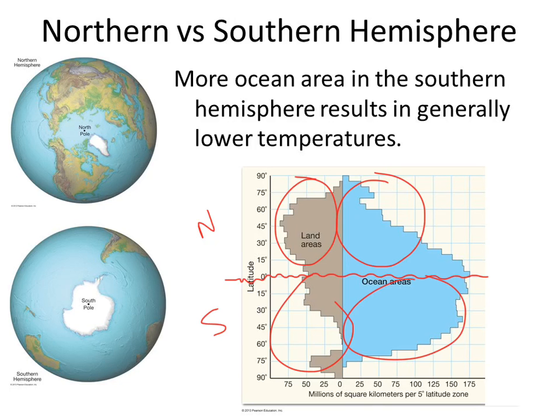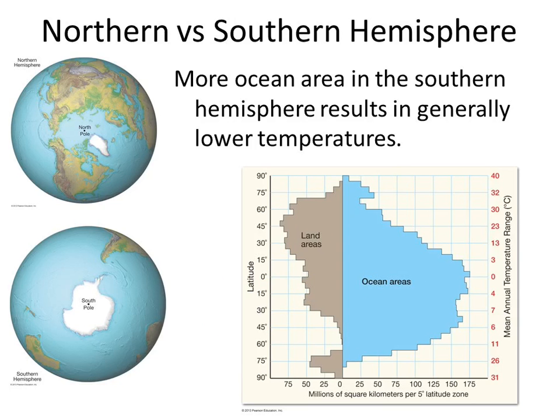If we look at the temperature ranges for locations at those latitudes, you might see what you saw with Vancouver. What kind of temperature range did it have compared to the other? Exactly. So if we pick on the southern hemisphere, they have more water, so we're going to look at their temperature ranges.